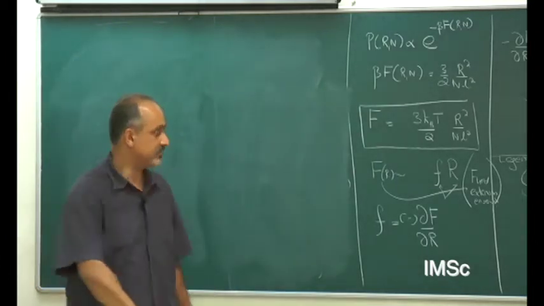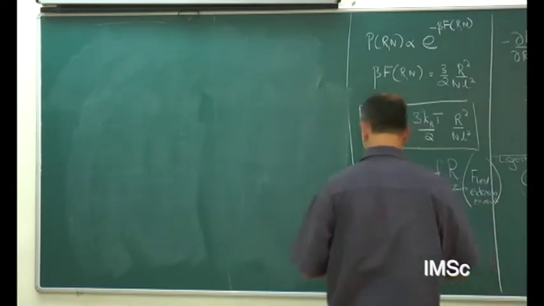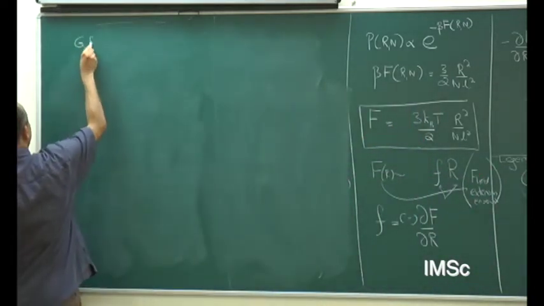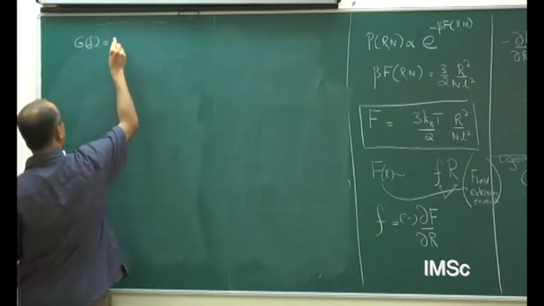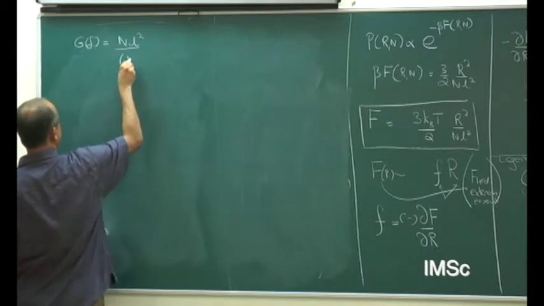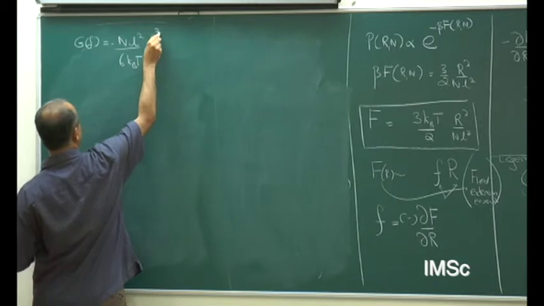So now it's just a question of simplifying this result here. Both of these are really the same term. When you do that, what you get is G of F is N L squared divided by 6 kBT, minus sign here, times F squared.